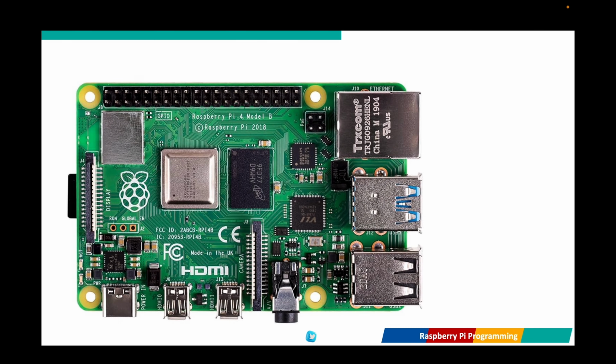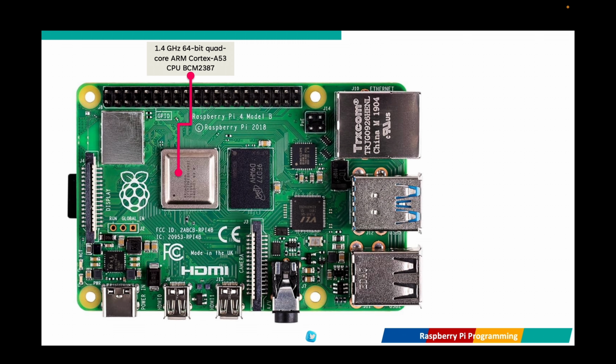The Raspberry Pi 4 is a compact yet powerful single-board computer. Let's break down its key components and understand how they work together. First is the processor, the CPU. At the heart of the Raspberry Pi 4 is the Broadcom BCM2711, a quad-core Cortex-A72 processor running at 1.4 GHz.